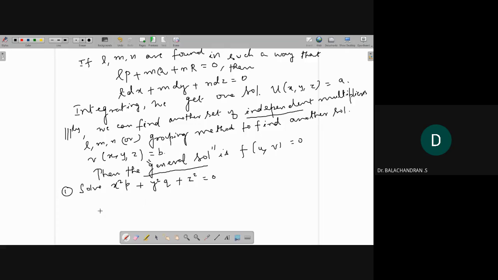Now, solution. x square p plus y square q equal to minus z square. Because the general equation of Lagrange's form is what?